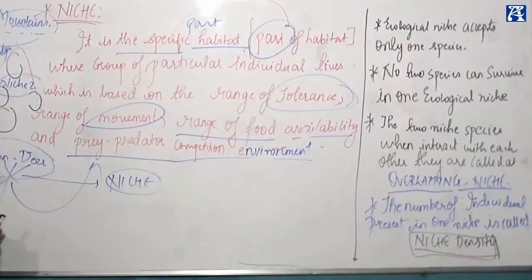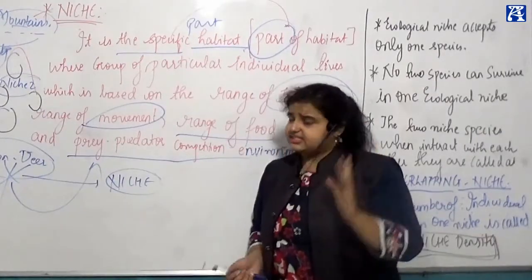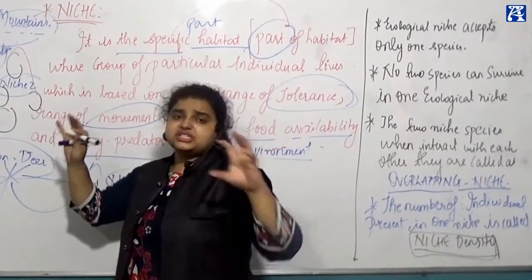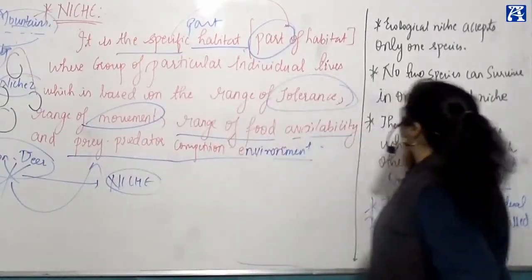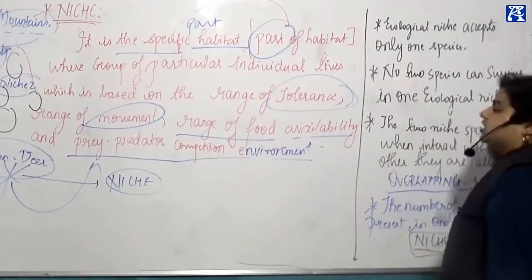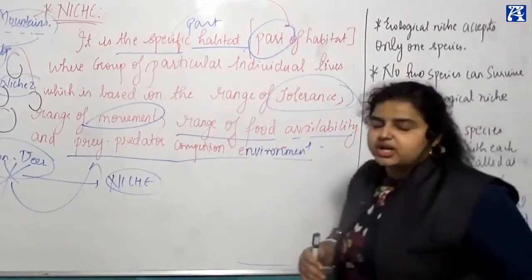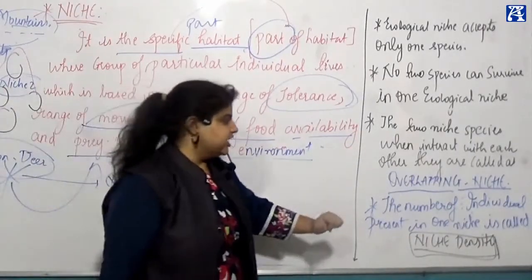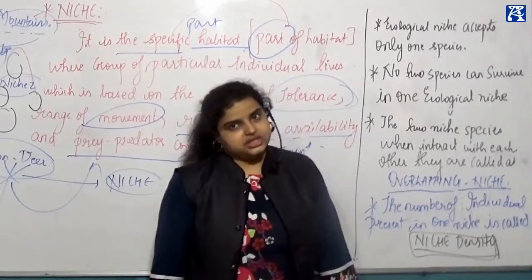Then comes, ecological niche accepts only one species. I have told you in an example, mountain is a habitat where you can find different species located in different areas. That is your niche. Clear? And one more thing I have told you, no two species can survive in one ecological niche. Point is clear? Then comes, two niche species when they interact with each other, that is called overlapping niche. And then comes the last but not the least, the number of individuals present in one niche is called niche density. Clear, my friends?